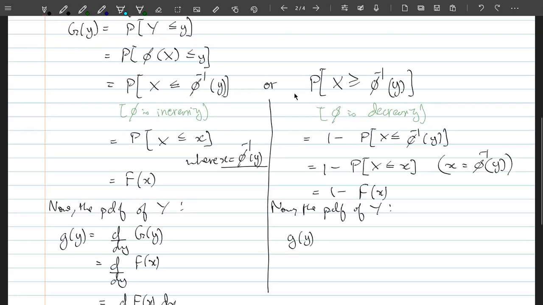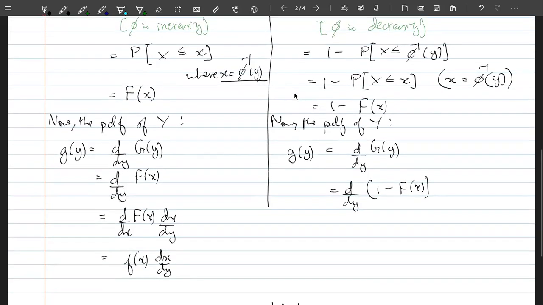So the PDF of y is again the derivative of g of y, which is now the derivative of 1 minus f of x, which is minus d dx of f of x times dx by dy.